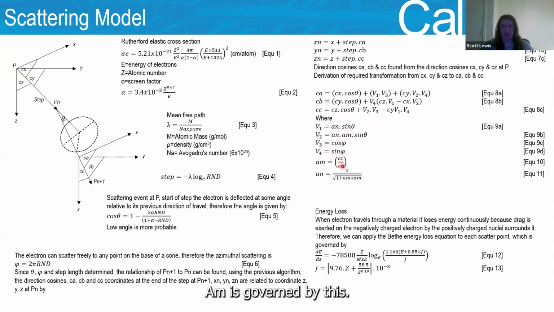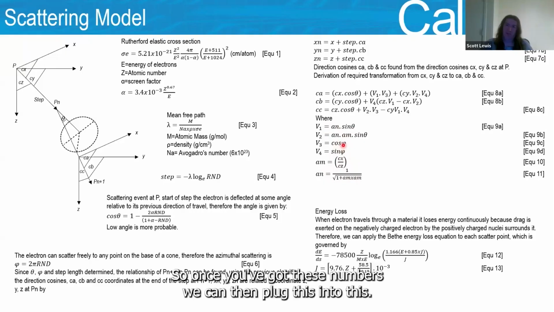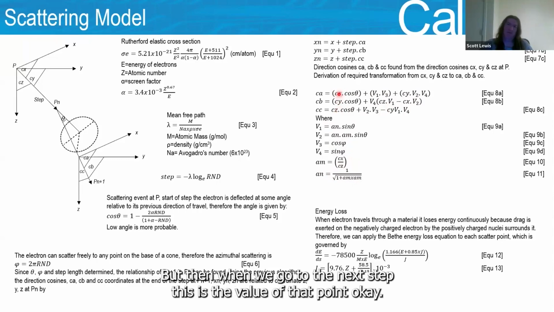AM is governed by this, and this is the square, so that's not an X, that is a multiplication sign. We can just plug these numbers in. Once we've got these numbers, we can then plug this into this. And then this is the initial. So when we're starting off, this could be 0, 0, and 0. But then when we go to the next step, this is the value at that point.